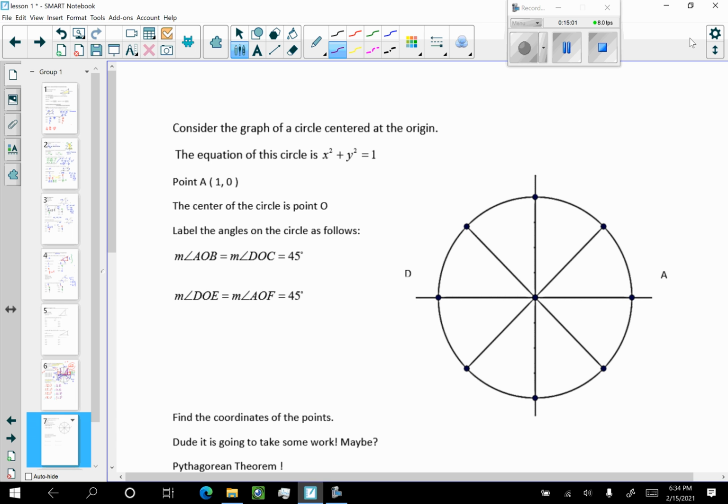Same circle, different points. This guy right here is still 1, 0. And you know what this point is, 0, 1. Negative 1, 0, 0, negative 1.